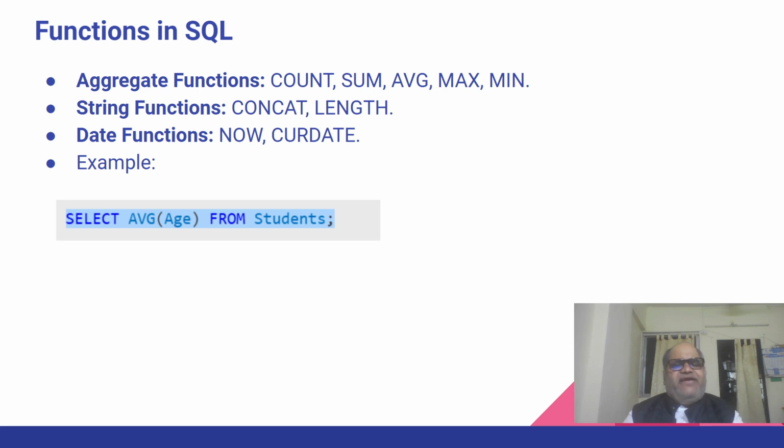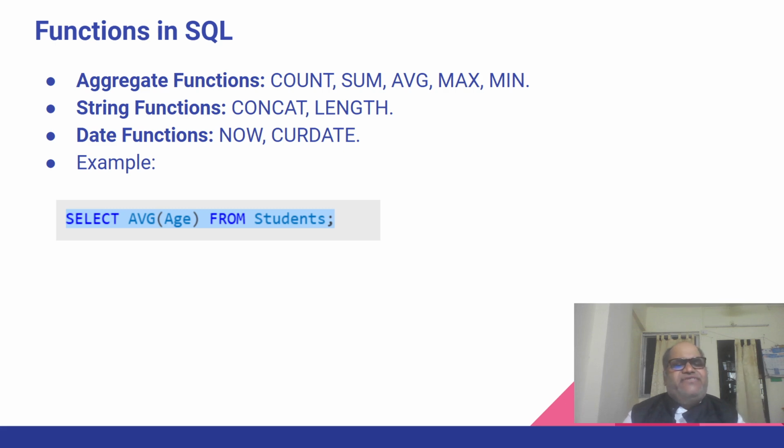In a similar way, you can try, and we will actually use it in our upcoming videos, other aggregate functions. Count can help you find how many records are there. Sum can help you sum. For example, if you write sum of age, right? So in that case, you can sum it. Max and min will give you max and min.